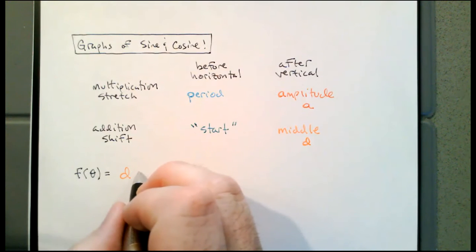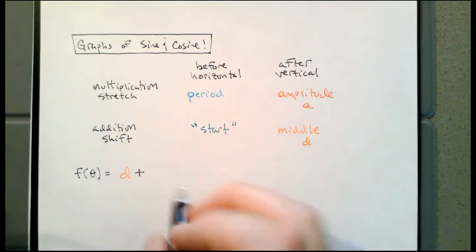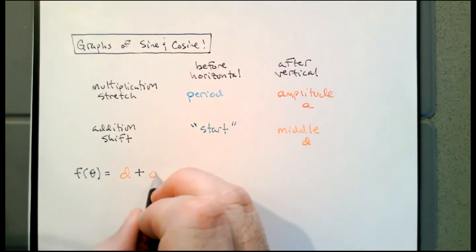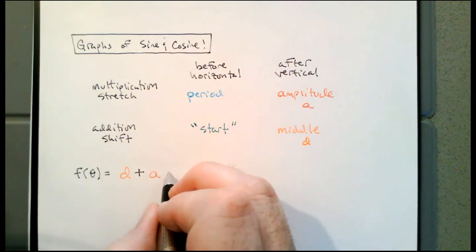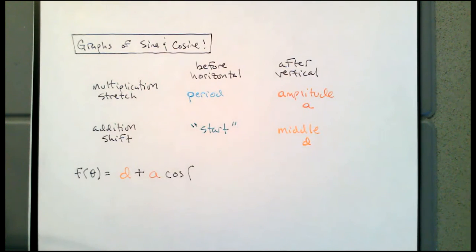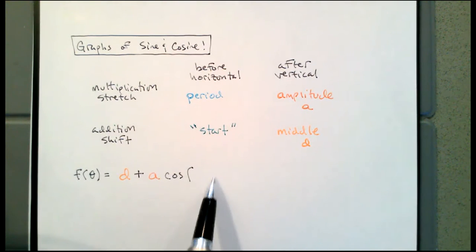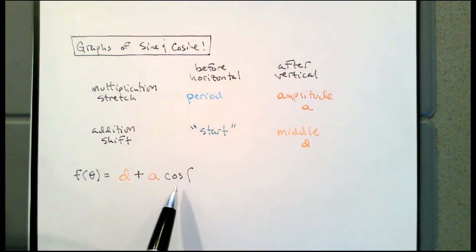Then we're going to have plus some amplitude, which was A, times the trig function, so cosine of. So whatever happens in the cosine, multiplication by A happens after the trig function, and then adding D happens after.